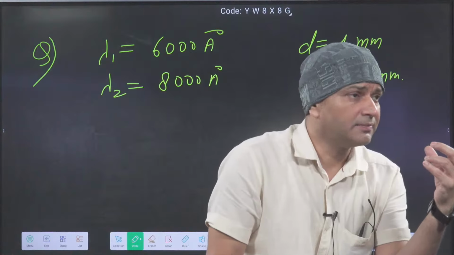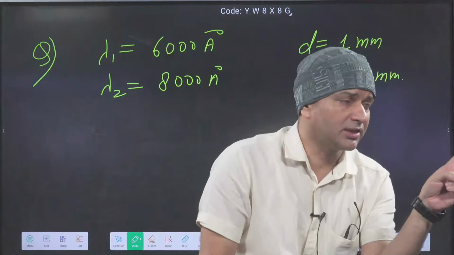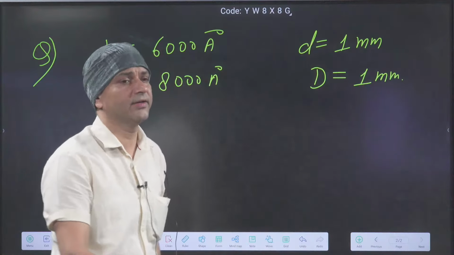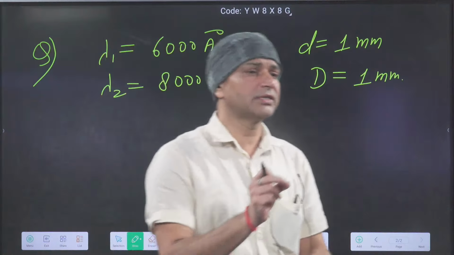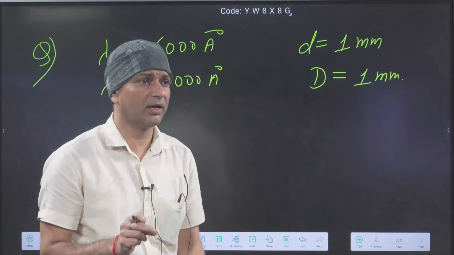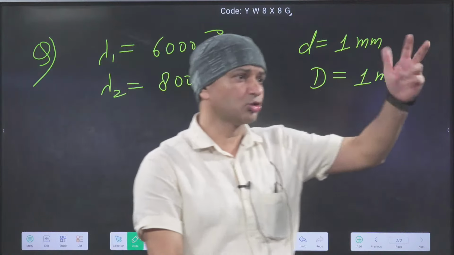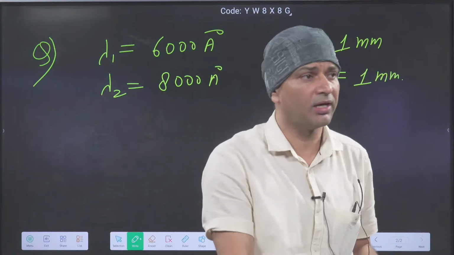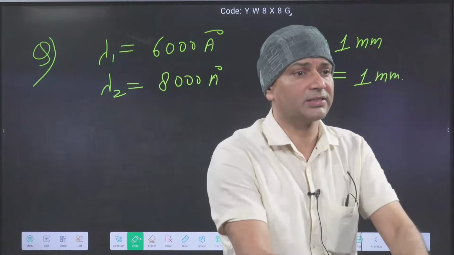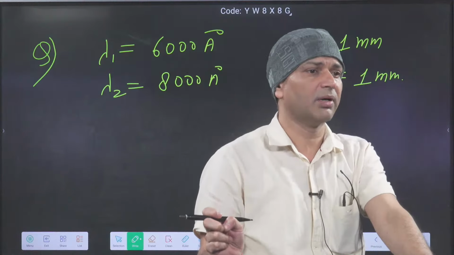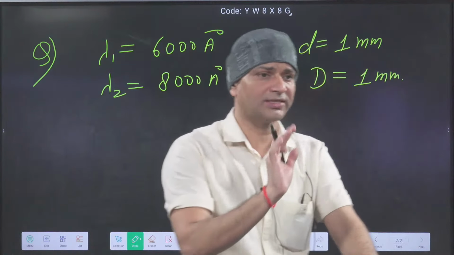I am asking for the minimum distance of the point from the central maxima where the maxima of these two wavelengths will coincide. When I use lambda 1 I get maxima, when I use lambda 2 I get maxima.